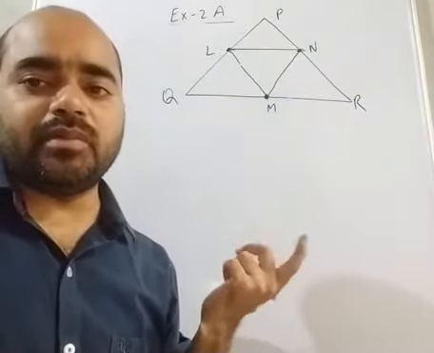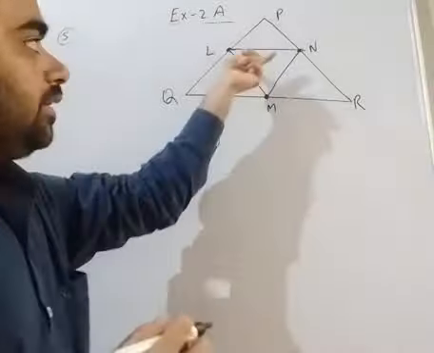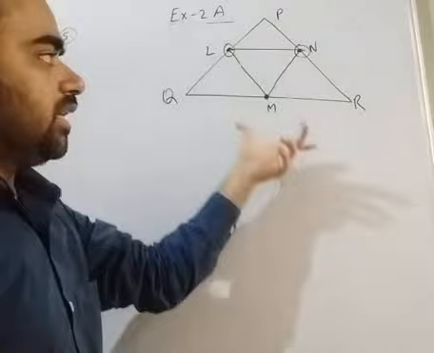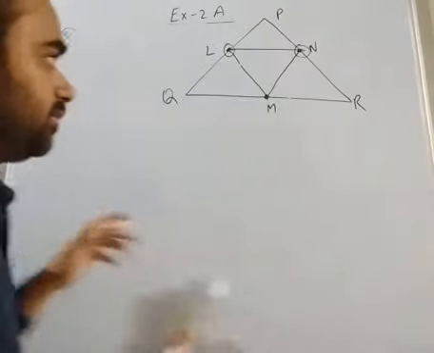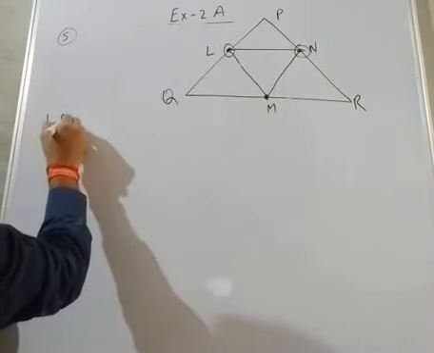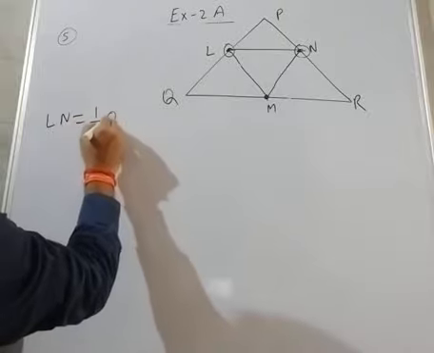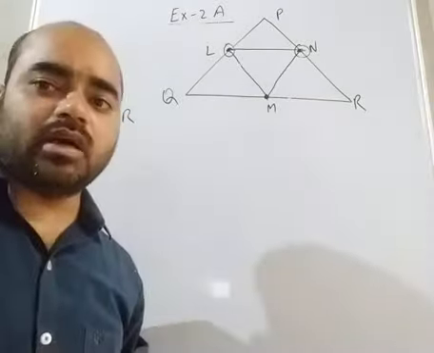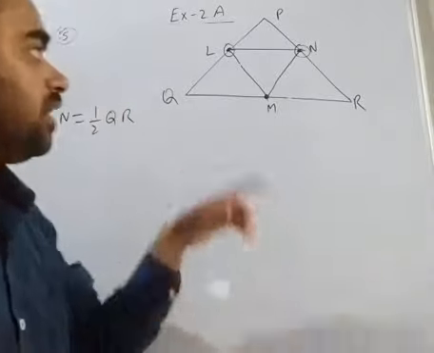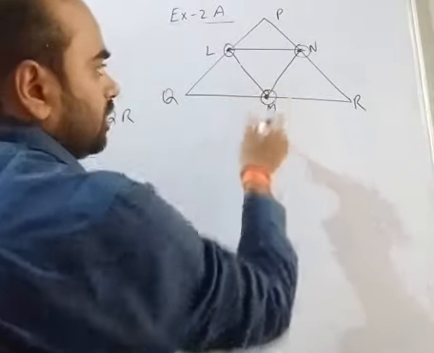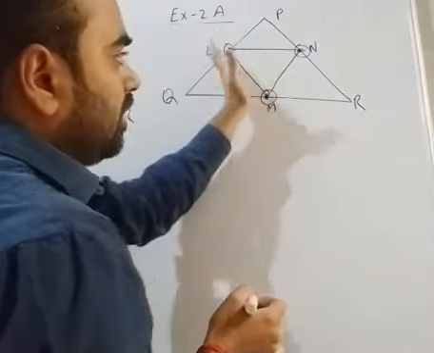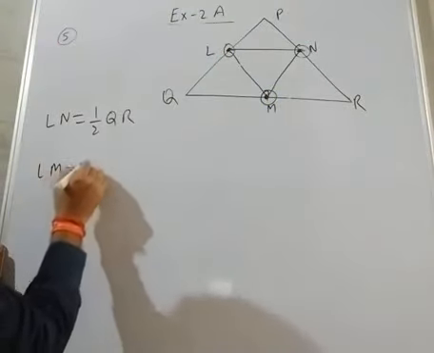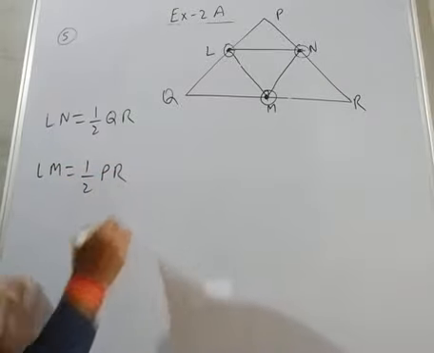Again we will apply the midpoint theorem. If we join these two midpoints L and N, then the opposite side is QR. It means LN is half of QR, correct? Similarly, if you take these two midpoints L and M, the opposite side is PR. It means LM is half of PR, correct?